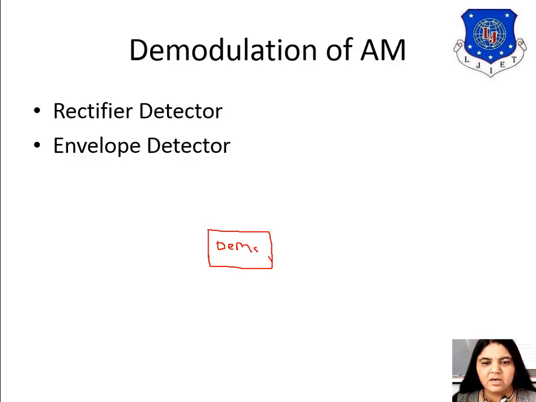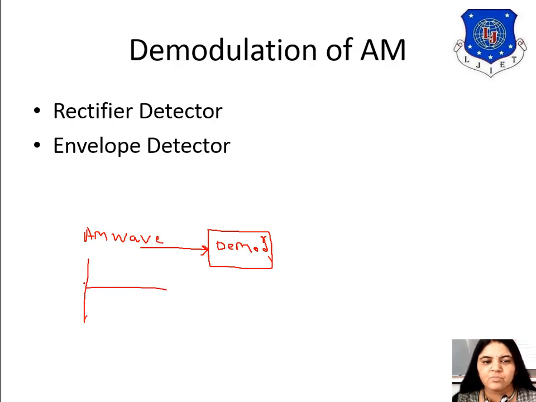So this is the demodulator block. The input for this demodulator block is nothing but the AM wave, the amplitude modulated output.